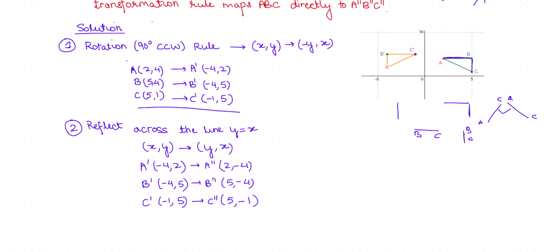We change (x, y) to (y, x). So (-4, 2), which is here, now becomes (2, -4) here. So this is A double prime and this is A prime.